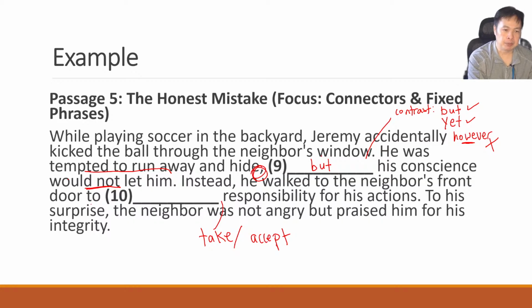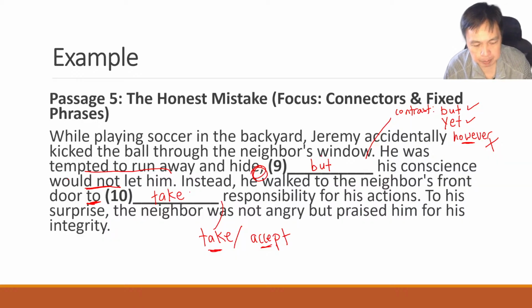And pay attention, there's a to here, so we cannot apply any tense. So I'm just going to accept this as my answer. Maybe I pick this, take. To take responsibility for his actions. I'm happy with the reasoning, and I'll leave that as my answer.